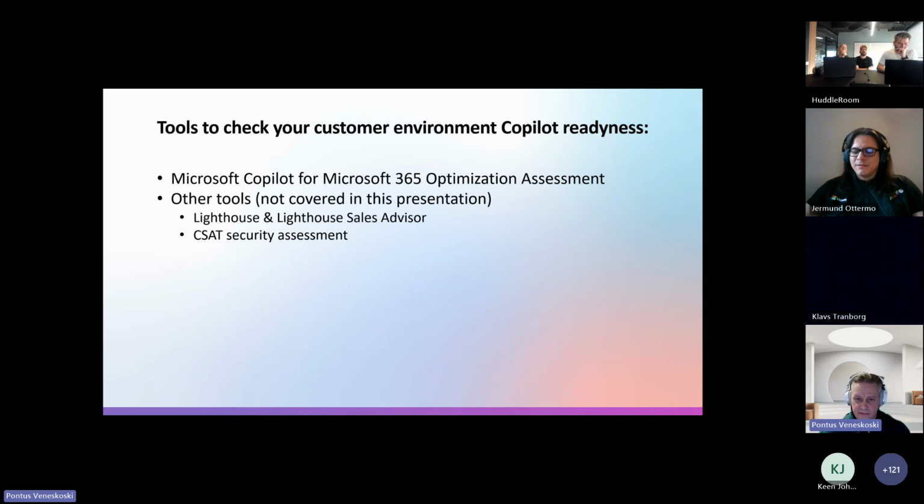So Microsoft has this Copilot optimization assessment, which I'm going to show you. The other tools you have access to and can use are Lighthouse and Lighthouse Sales Advisor, where you can see the different licenses and the features that are being used. And also the CSAT security assessment is including Copilot information as well.